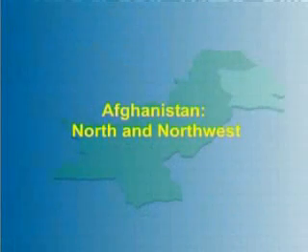In the north, from north to west, we have Afghanistan. The Afghanistan-Pakistan boundary is about 1,200 miles. And this is called the Durand Line. That is, the border between Pakistan and Afghanistan is called the Durand Line, and the Durand Line was drawn in November 1893.